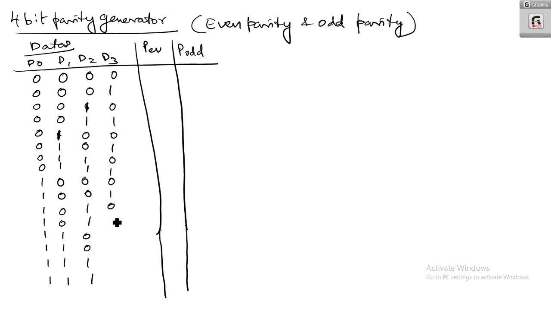Okay. Now let me check for these parity bits.